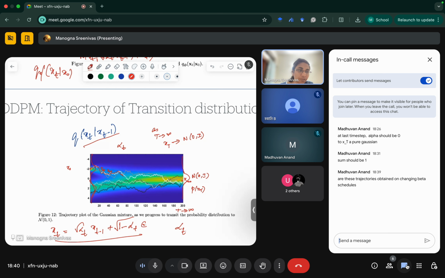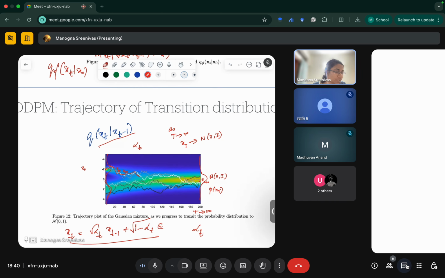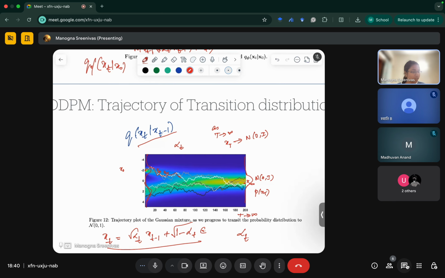Is this trajectory obtained on changing beta schedules? Not necessarily. This is just different samples. At x naught it is real data, the real samples which I have. So if x naught is equal to -2, this is how the trajectory would be. If you take this point here, x naught is probably some 2.5 or something. Here it is something very close to 1.